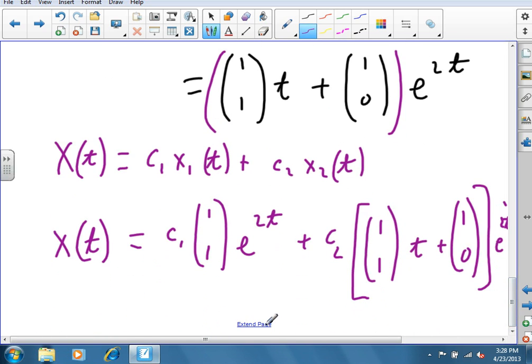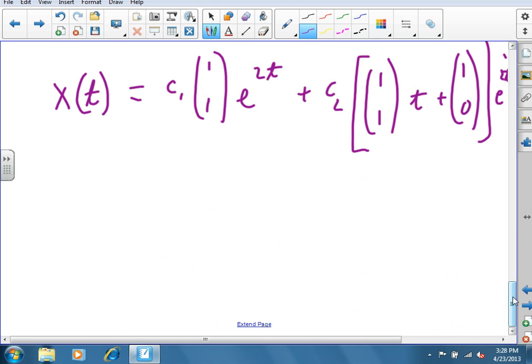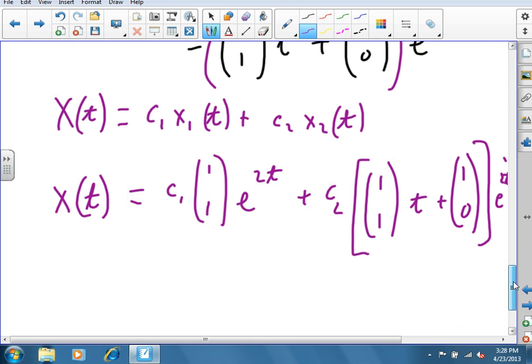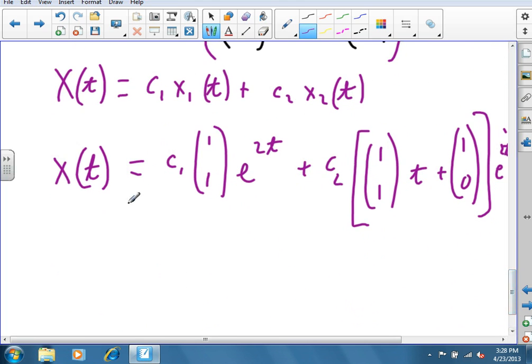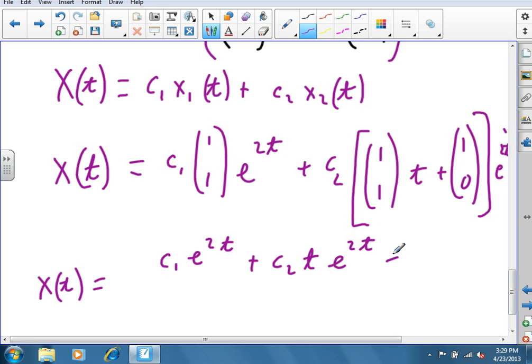All right. So now we're gonna plug it all in. So x of t would be C1 e to the 2t plus C2 t e to the 2t plus C2 e to the 2t.